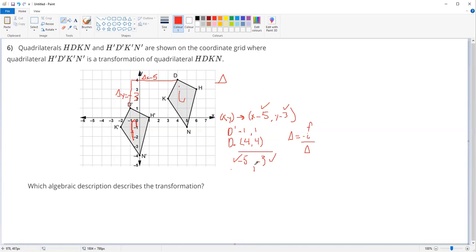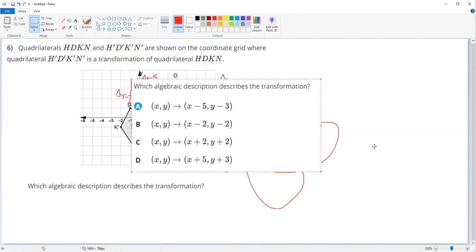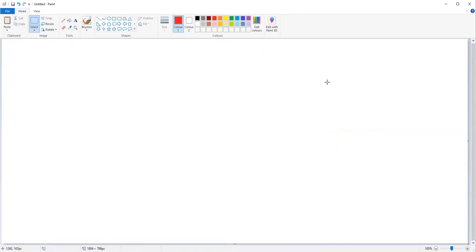So you would have fed this into here if you didn't already coordinate count. So that's how that one works. And lo and behold, it was the first answer. Right. So here we go.